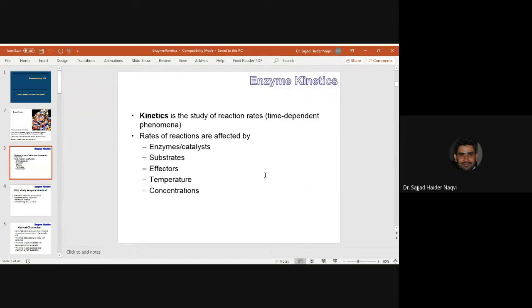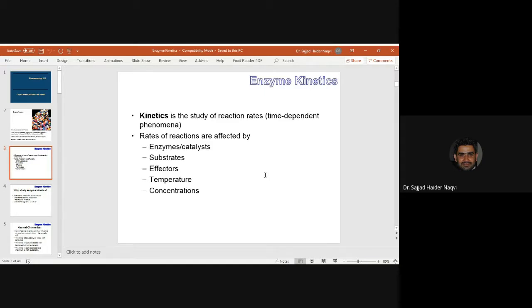So, how can we define enzyme kinetics? Enzyme kinetics is the study of reaction rates, which are time-dependent phenomena. As we mix an enzyme with a substrate, this is what we call time zero.